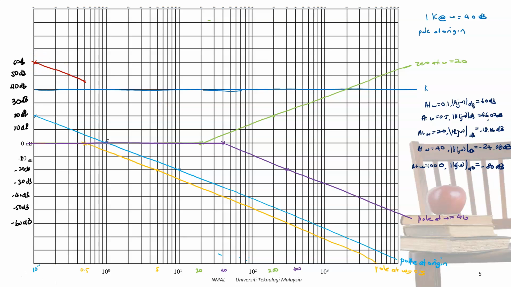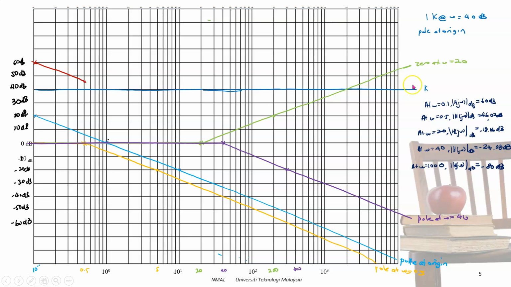But if let's say you want to combine, you just drag this line here to 60 dB. So instead of plotting just a pole with 20 dB over decade, you have to stop at omega 0.5.